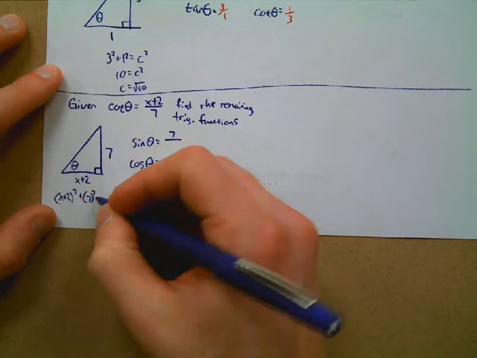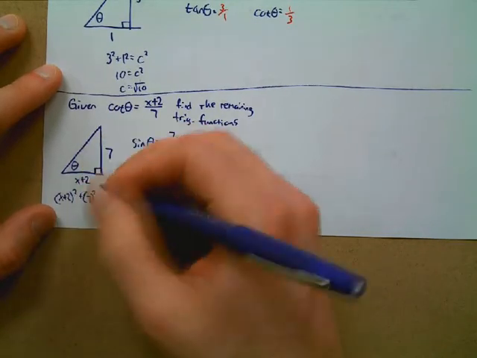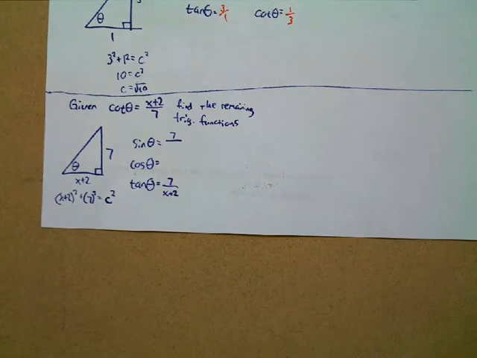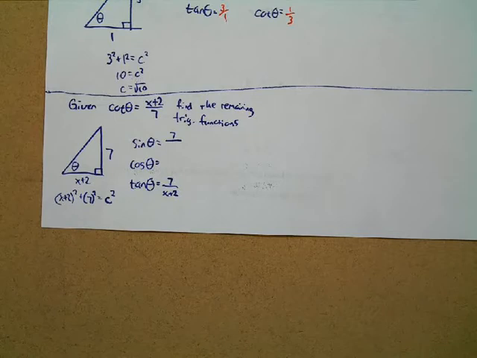And then at this point, it's kind of like, we're going to have to square this thing, but really all we need to do is just get c by itself here. So I can just square root both sides at this point, right? Because I won't be able to get a single term here and then take the square root of it. I'm going to get some mess in there.